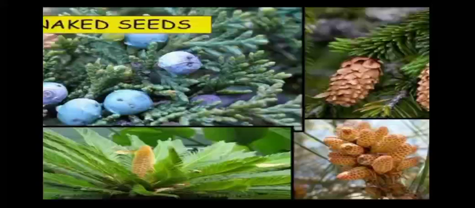Male cones are usually smaller than female cones, short-lived, and possess many microsporophylls. Female cones are usually large, stay longer, and possess numerous megasporophylls. On the abaxial surface of the microsporophylls, many microsporangia develop.